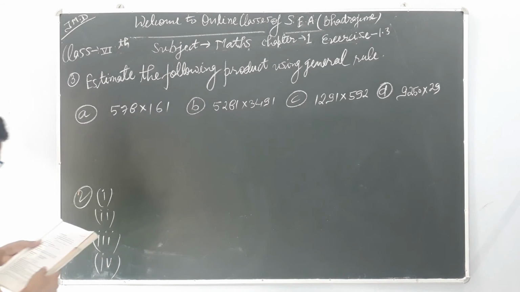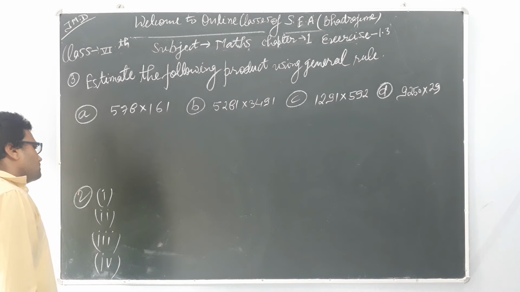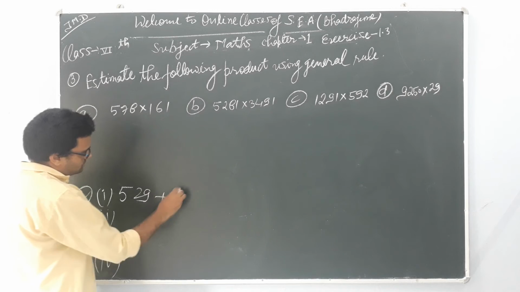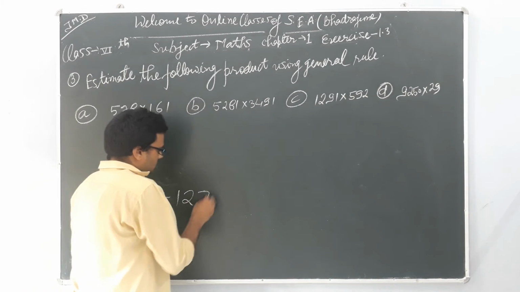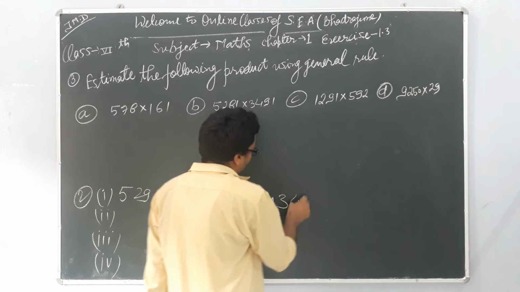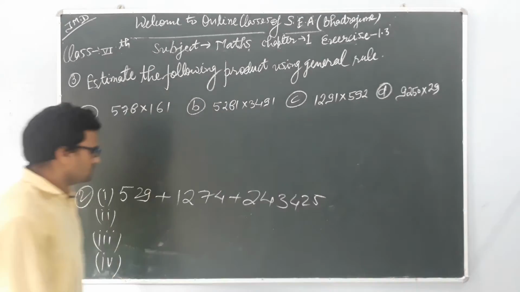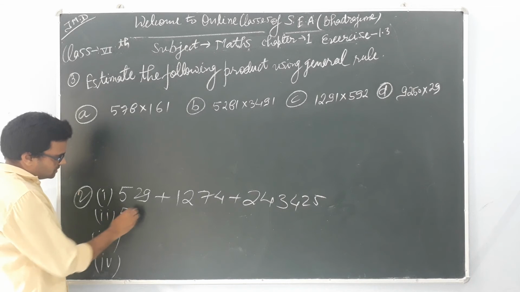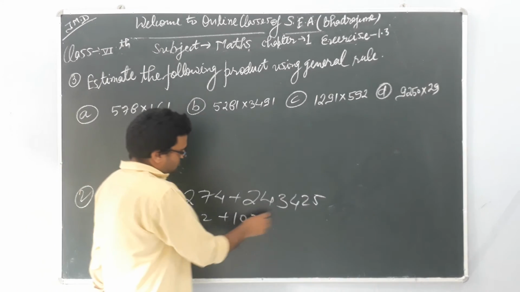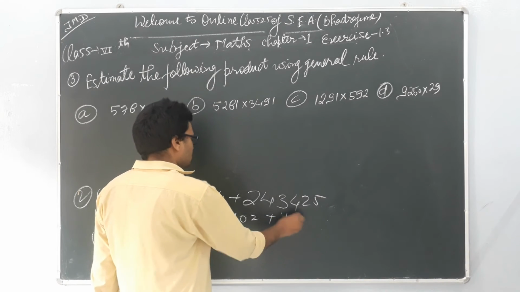Our first one is, I am just writing some examples, you should look at them. 529 plus 1274 plus 2400, 3, 4, 2, 5 plus, okay, this is enough. 529 90 plus 1002 plus 102 plus 1 plus 0 plus 101.